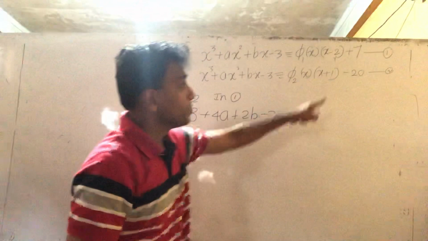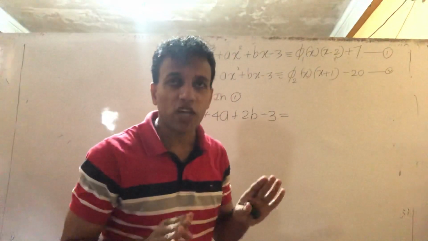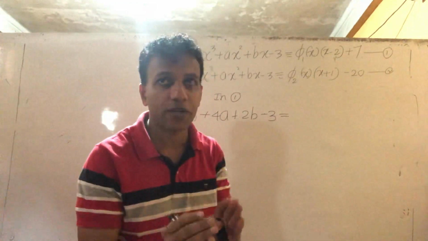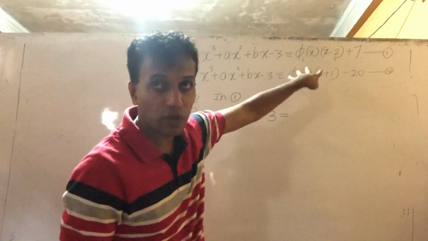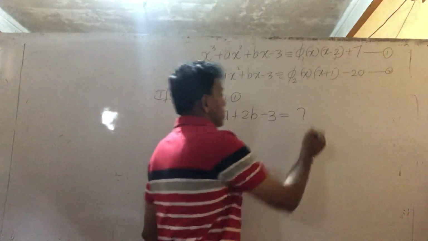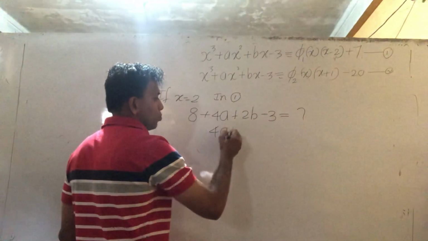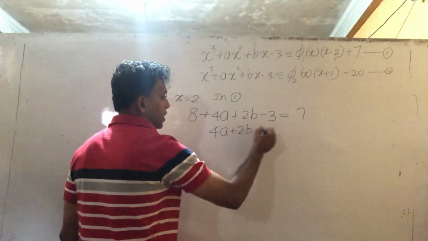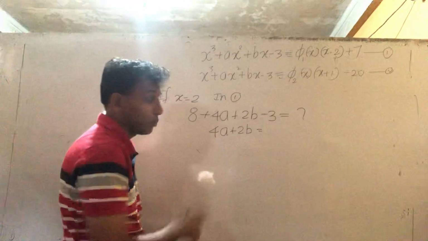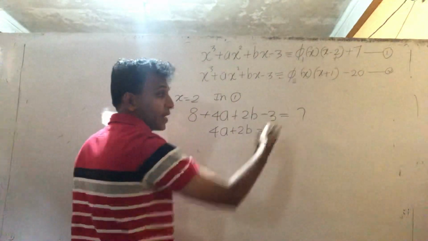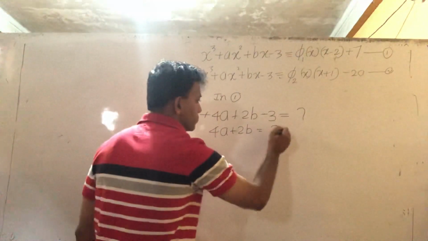But the quotient part becomes 0. We won't bother about the quotient part. We need the remainder part only. That's why we are making this 0. That's equal to 7. So what's your equation? First equation, 4a plus 2b equal to what? 8 minus 3 is 5, so 7 minus 5, that's 2.